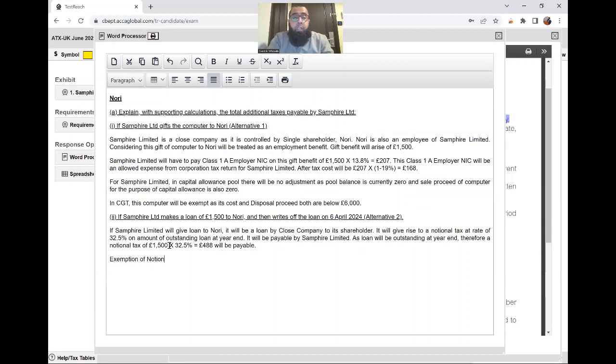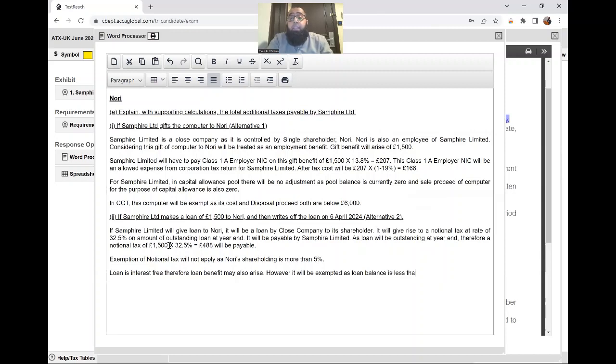Exemption of notional tax will not apply as Nuri's shareholding is more than 5%. Okay. The loan is interest-free. Therefore, a loan benefit may also arise. However, it will be exempted as the loan balance is less than 10,000.